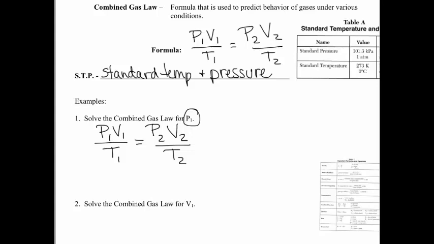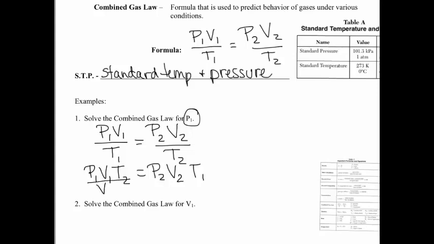So if I multiply P1 V1 times the denominator on the other side, that's T2. And then that's going to be set equal to what I cross multiply here, and I'll have P2 V2 times the T1, the denominator on the other side. So I'm still trying to get P1 alone, so in order to get rid of these variables, I need to divide.